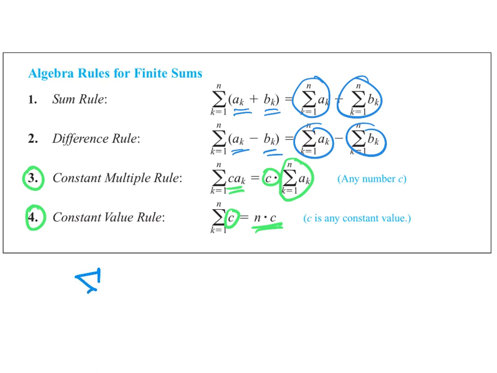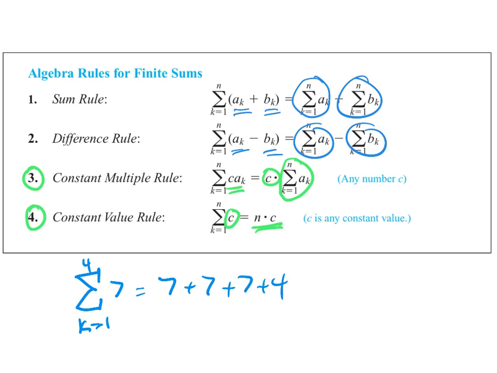Let's say I want to do the sum of k equals 1 to 4 of 7. So my formula is 7. Notice there's nowhere to plug my k number in. So each time I write the term in the sequence, the first time it's a 7, the second time it's a 7, the third time it's a 7, and the fourth time it's a 7.